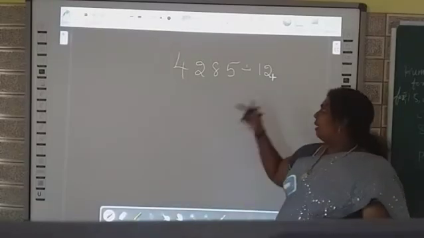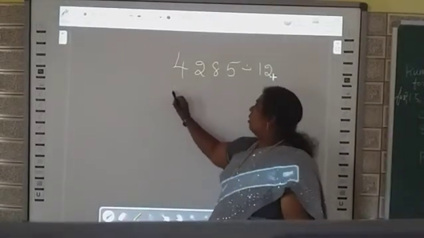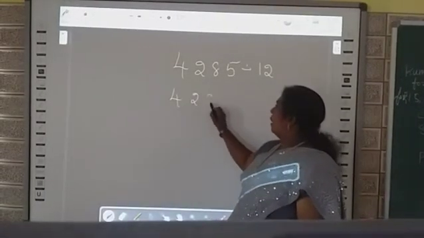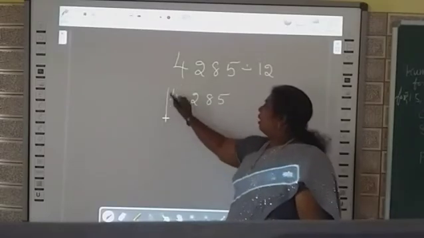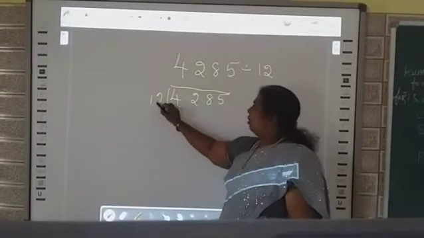Quotient and remainder. See, you can divide this number 4285 divided by 12. Okay.